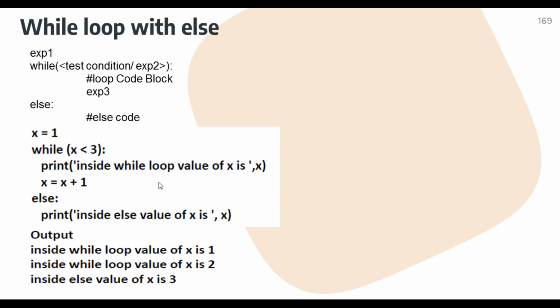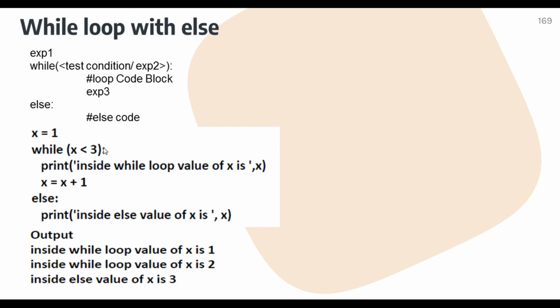Inside the loop it will print how many times? 2 times. From 1 to 3 will not print because 3 is not less than 3. And updation x equals x plus 1, and at last when the loop terminates, this x will print here. The value inside the else is x is 3. Whatever the last value of x is, it will be considered as output at last, which is under the else indentation.